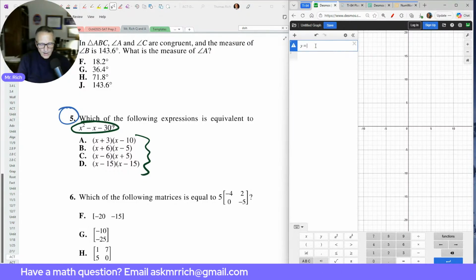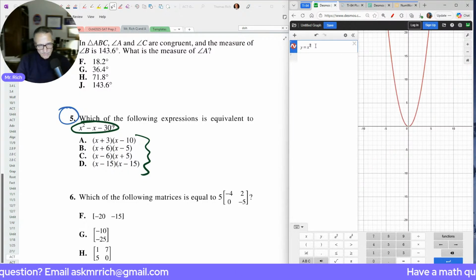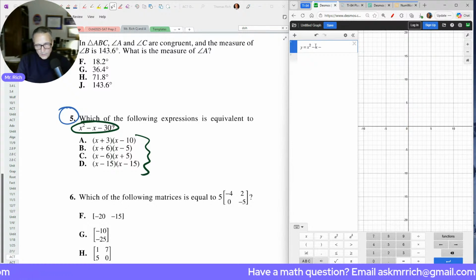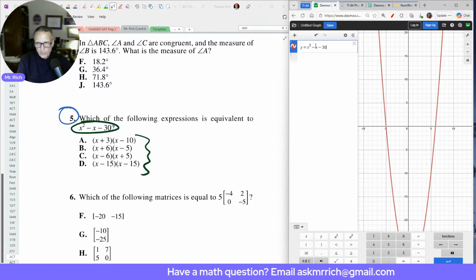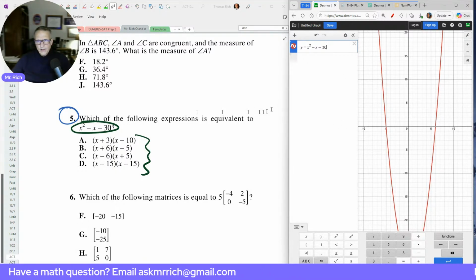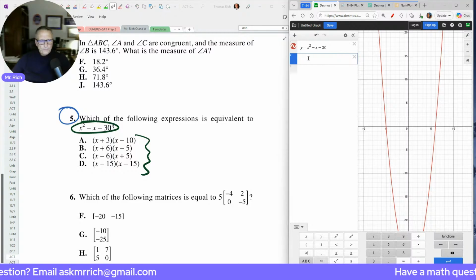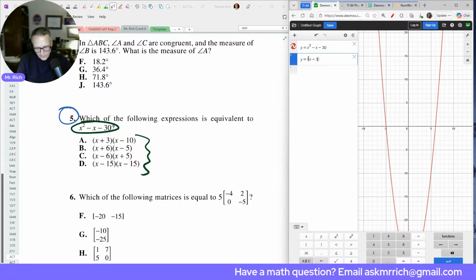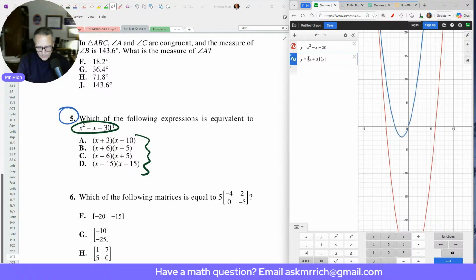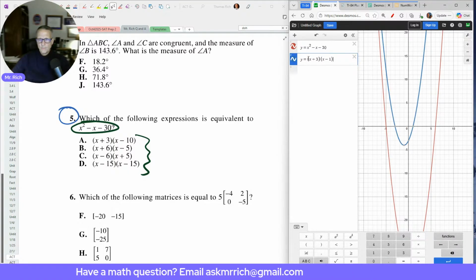So you graph the statement that they just gave you in the question itself as a function, so I'm putting y equals that, and it's obviously a parabola, no surprise, it's a quadratic. But then you could graph each one of the answer choices and see which one perfectly coincides with the graph that represented the original expression.